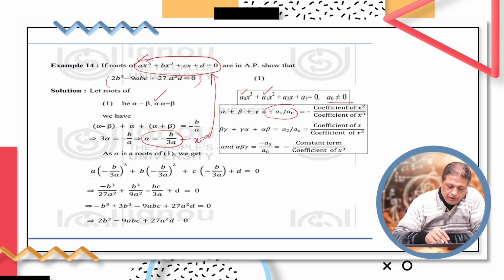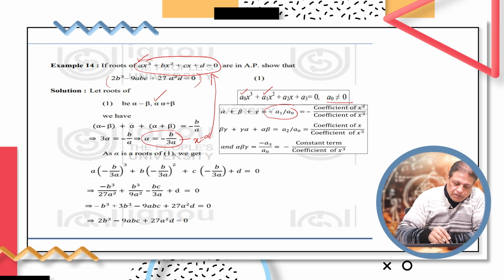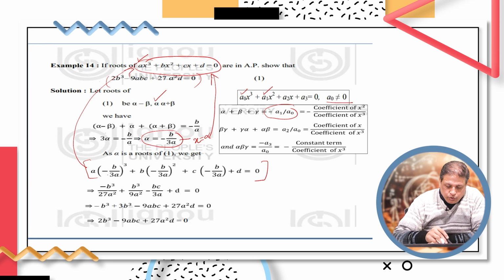A into, just watch this equation and this equation. So, a into minus b by 3a whole cube. We are substituting alpha in place of x over here, alpha in place of x over here, alpha in place of x over here, and d, that is alpha to the power 0, is to be there.